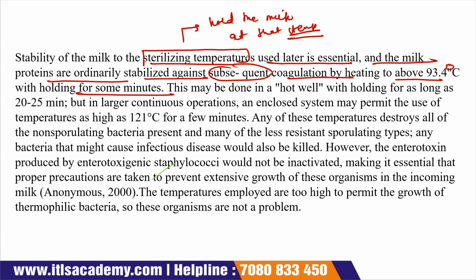This may be done in a hot well with a holding time as long as 20 to 25 minutes, but a larger continuous operation in an enclosed system may permit the use of temperatures as high as 121 degrees Celsius for a few minutes. Any of these temperatures destroys all the non-sporulating bacteria which are present, and many of the less resistant sporulating types.